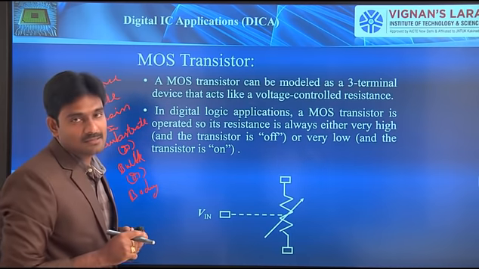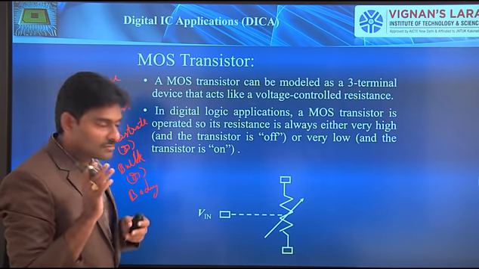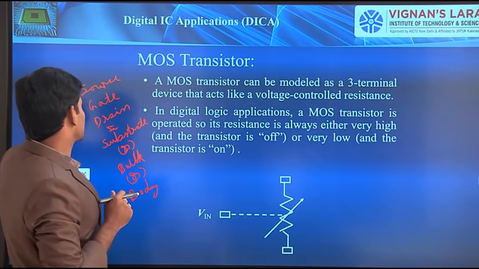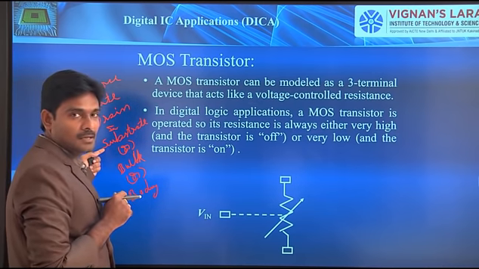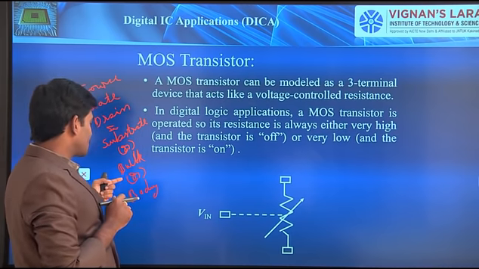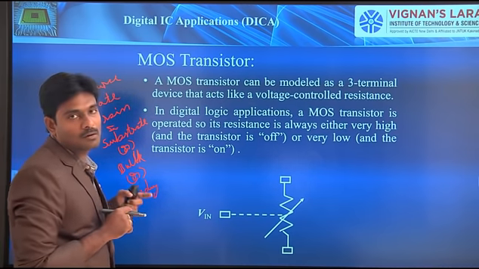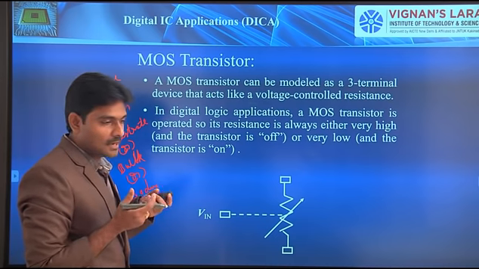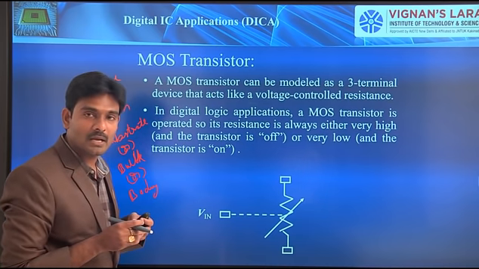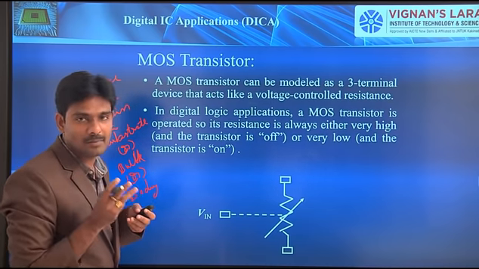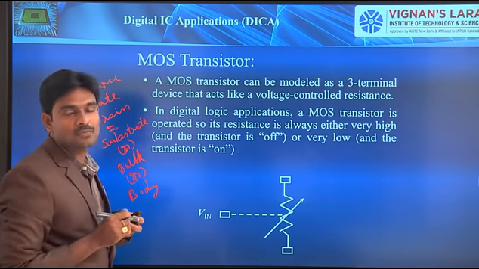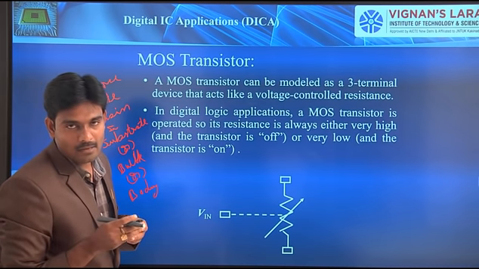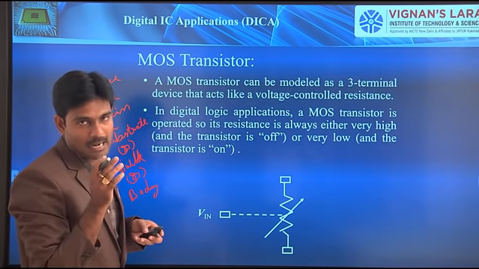Okay. So the MOS transistor is a 4-terminal device. Those 4 terminals are source, gate, drain, and substrate. Substrate we can also call bulk or body. But as per the application of electronic circuits, we can model it as a 3-terminal device. That means we are going to consider 3 terminals: gate, source, and drain.